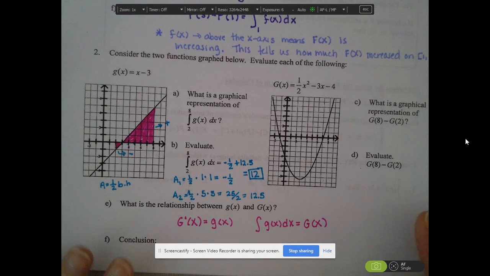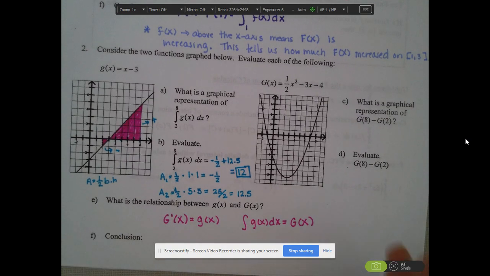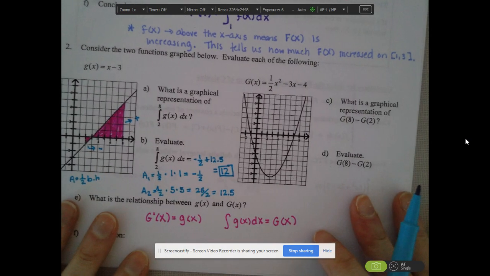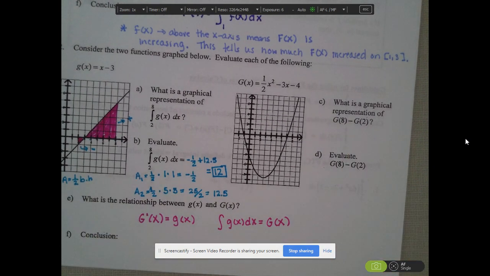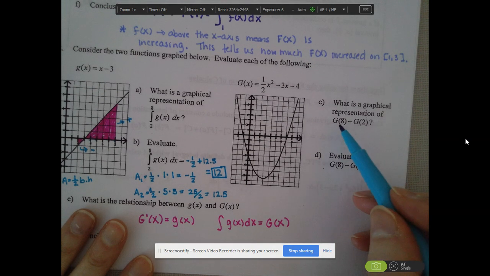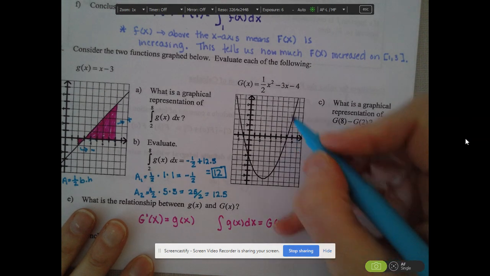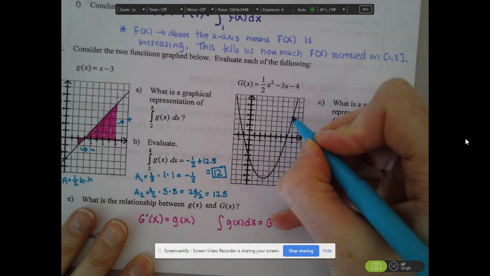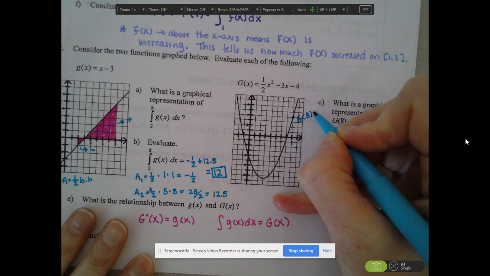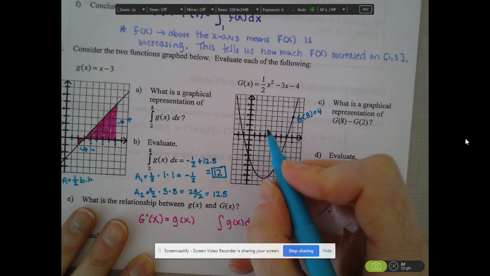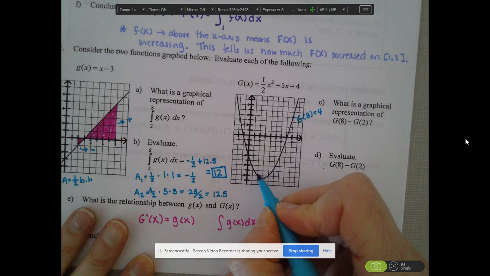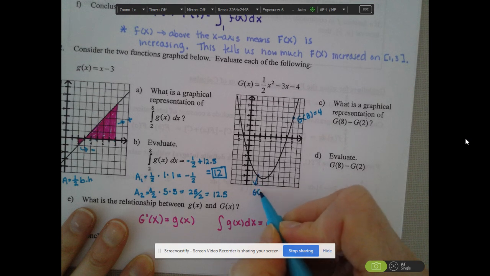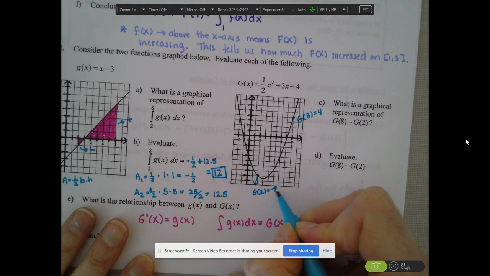Okay, so now we're going to see what it looks like on the original function. We're going to do the graphical representation again of G of 8 minus G of 2. G of 8 and G of 2 are just the y values at 8 and 2. So at 8, it looks like I'm up here at 4. And at G of 2, I happen to be at negative 8.